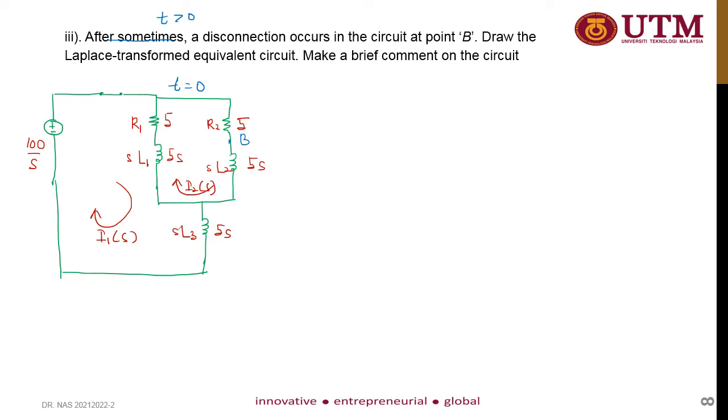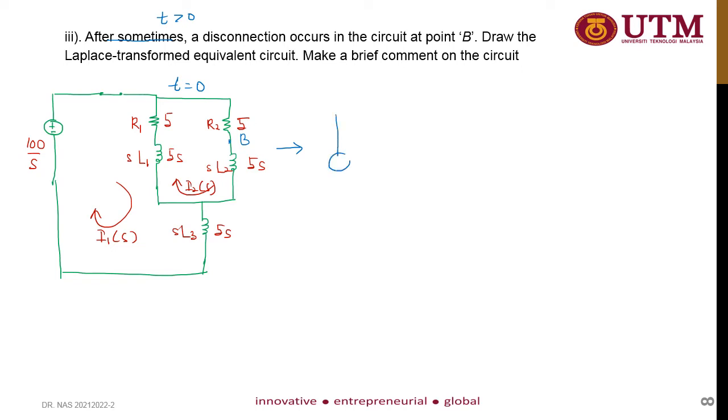At t equal to 0, there's current flowing through the inductors. Therefore, you need to consider the initial current through all the inductors. So in this case, after some time, the disconnection occurs.